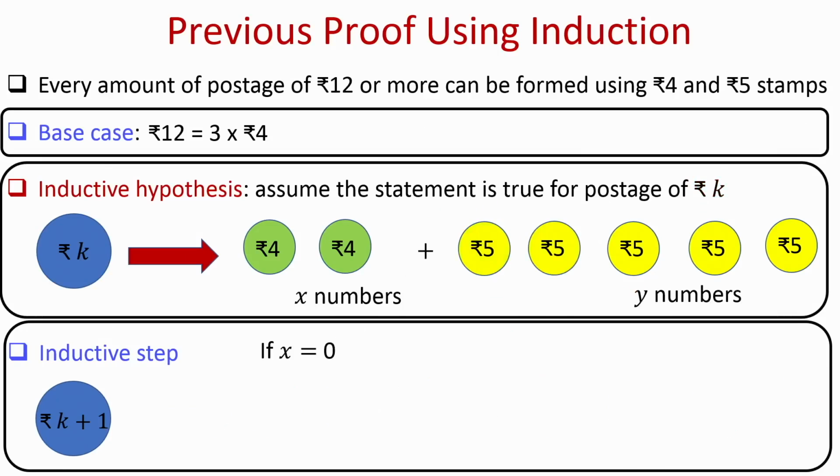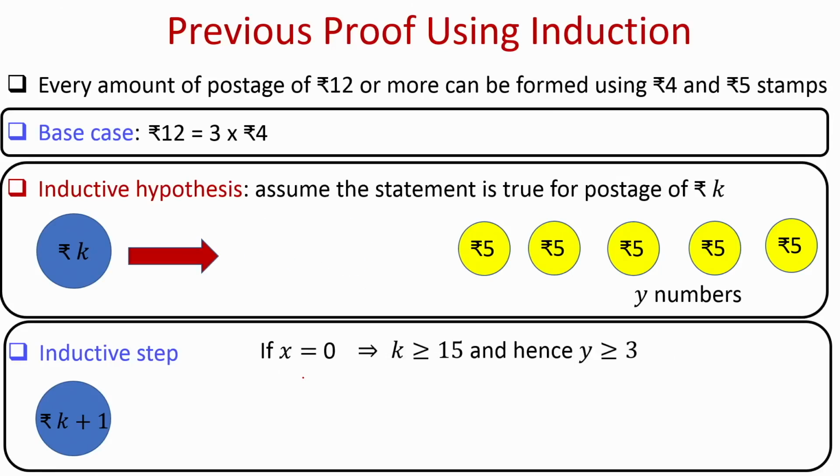That is case number 1. Case number 2 is when x is 0, that means when you represented the postage of k rupees, no stamp of 4 rupees was used. Well, in this case the denomination k is definitely at least 15, because if only stamps of 5 rupees are used to represent the postage of rupee k, then k is a multiple of 5.